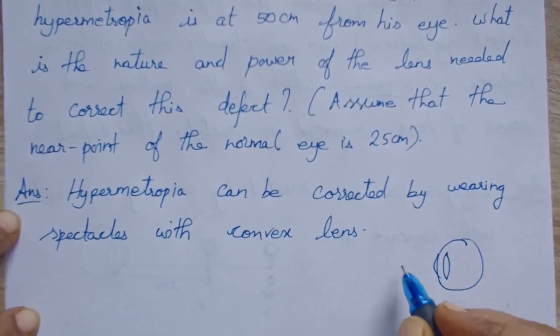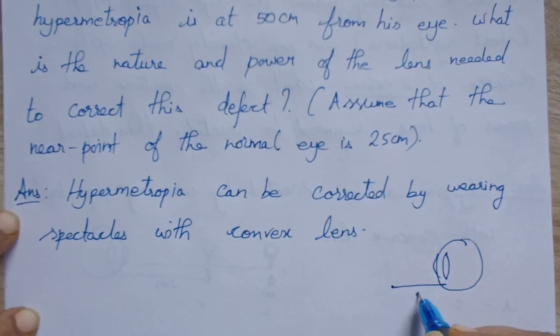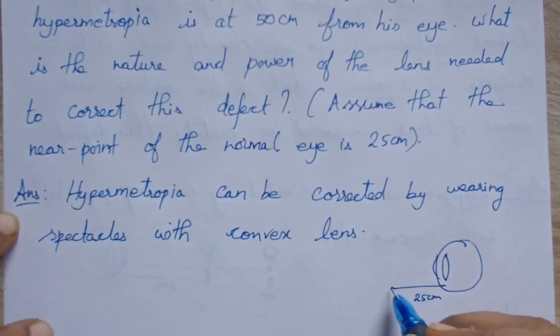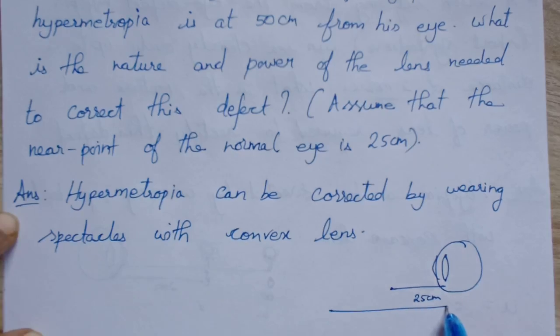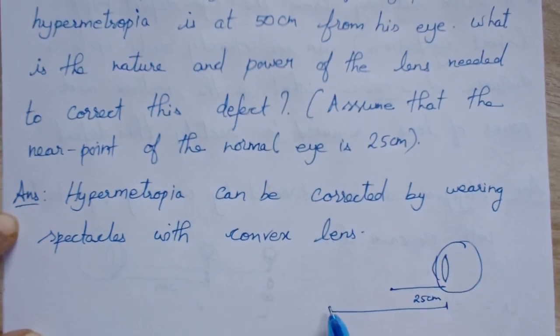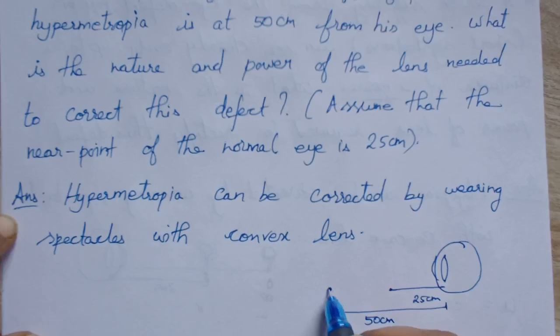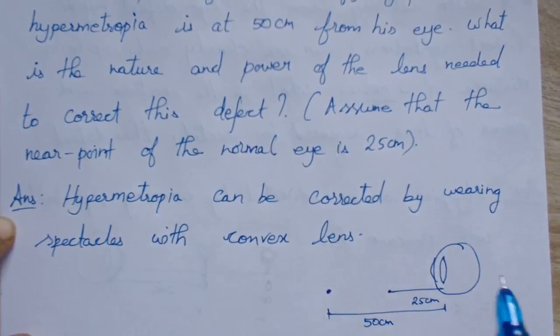This is the near point, 25 centimeter. He is not able to see the image when it is kept here, because his near point is 50 centimeter. If you bring the object image here, he is able to see the image properly.